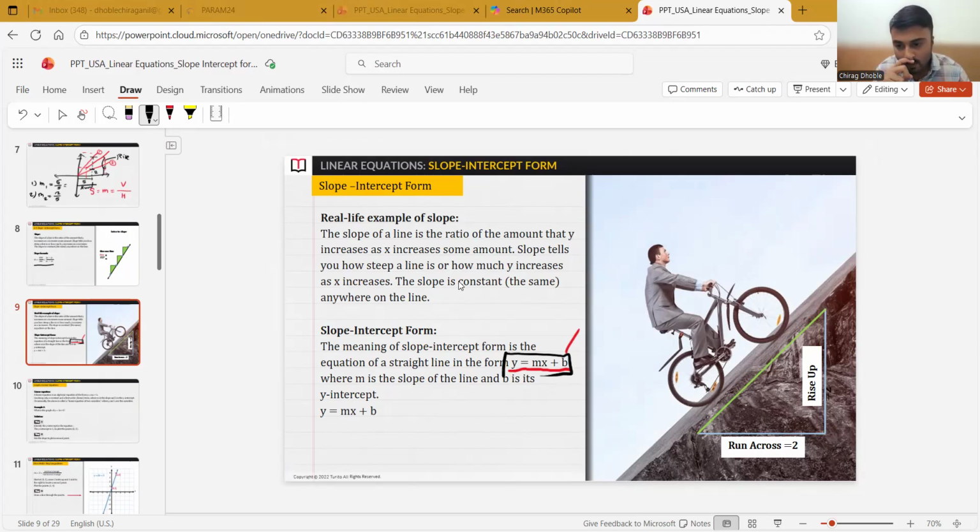Okay, all right. So now let's see how we can write this form from the given equation. If we have a linear equation given to us, how can we write it in terms of the slope intercept form?